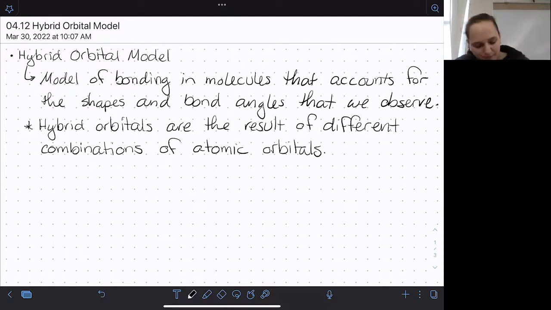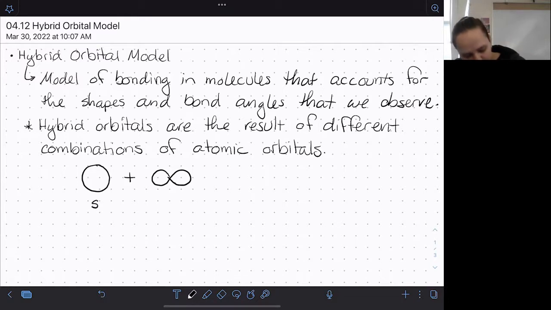So if we, for instance, take an s orbital and combine it with a p orbital, the way the linear combination mathematical process works is that if you put 2 things in, you get 2 things out. So if we put in an s and a p, we're going to get out 2 different hybrid orbitals, both of which are known as sp orbitals, and they look pretty much like a lopsided p orbital.